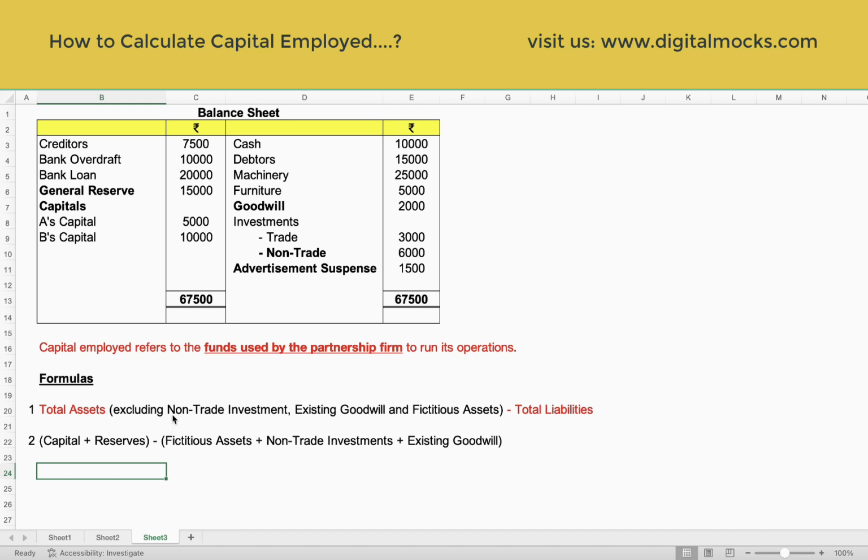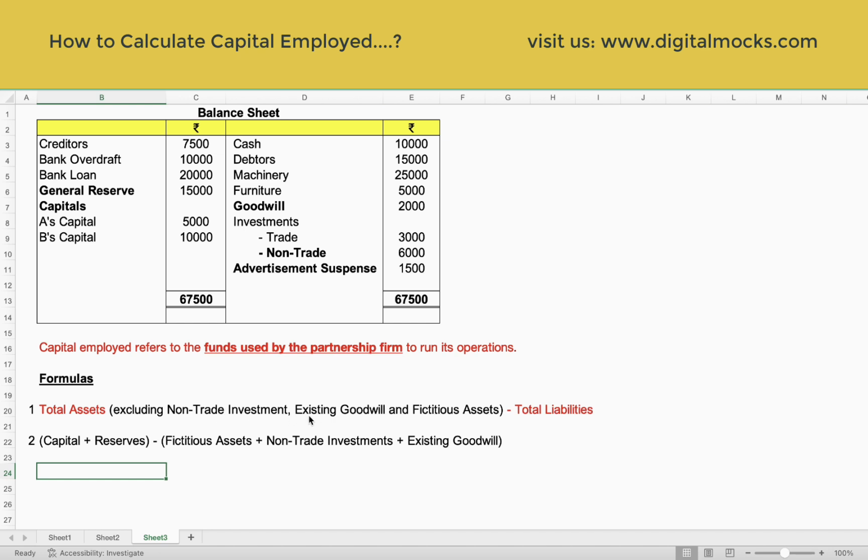Just now we have seen why we need to remove the non-trade investment: because that money is not the money the firm is using. We have withdrawn that money and invested it outside. So that's why we have to exclude non-trade investment.